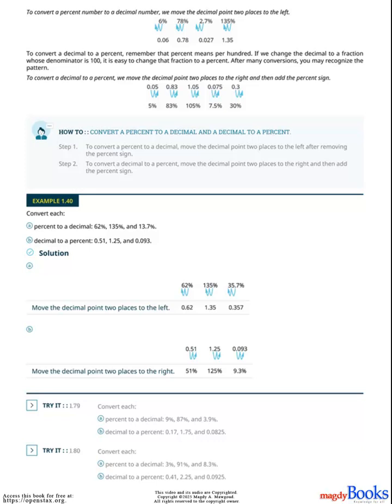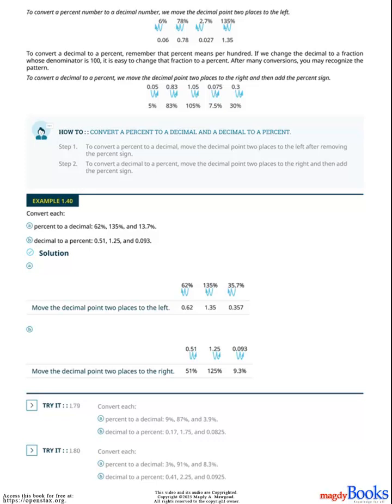0.05 equals 5%. 0.83 equals 83%. 1.05 equals 105%. 0.075 equals 7.5%. 0.3 equals 30%. How to convert a percent to a decimal and a decimal to a percent.